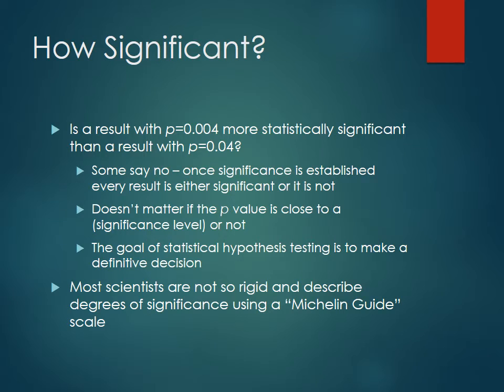So again, just to kind of give an example of this, is something that has a p-value of 0.004 more statistically significant than 0.04? Is one inherently better? Some say no. Some say no. But in reality, what is this just telling us? What's the difference here between the 0.004 and 0.04?